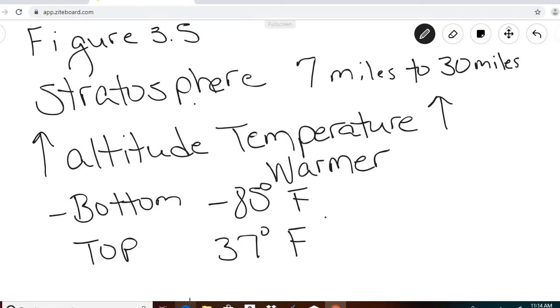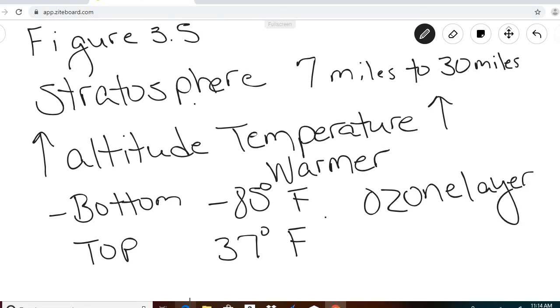And the reason for this is something we talked about last chapter, and that is the ozone layer, because the ozone layer exists within the stratosphere. And remember, the ozone protects us from UV light. So it absorbs that UV light, and that UV light has energy.